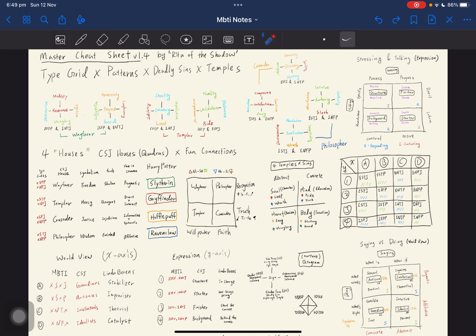Maybe you are doing something a certain way because it is what you were trained to do, but it's not what you prefer to do, if you know what I mean. So that's why there can be some confusion with these ones.